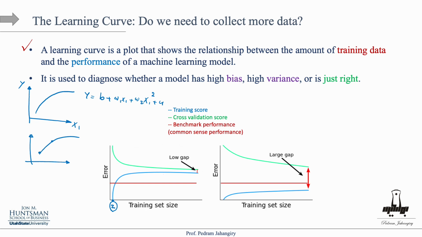However, not surprisingly, this was the performance in the train set, the performance in the cross-validation set or in the test set is going to be way worse, right? Because maybe in the cross-validation, we had observations like this. And we know that this model is not capturing anything, right? So the performance in the cross-validation set when the number of observations is small is going to be very, very bad.